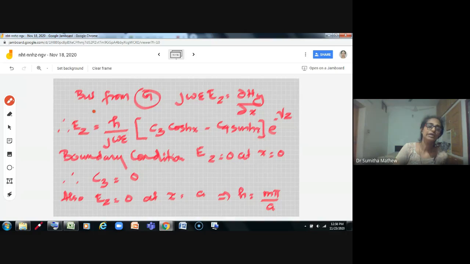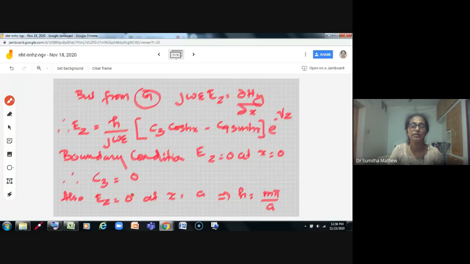Now, for Ez, you can apply the boundary conditions, because Ez is equal to 0 at x equal to 0, and Ez equal to 0 at x equal to a. 0 and a are our boundary limits. You know the heights at which the parallel plates are placed. So first you give x equal to 0, that means you will get C3 equal to 0.